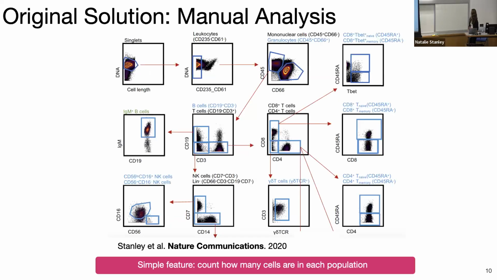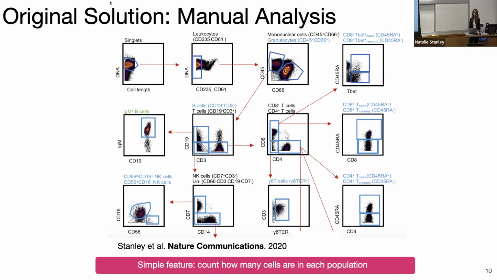Okay, so the original solution to this problem is manual gating, right? Where you would run your single cell experiment, typically something like flow cytometry, and then you would take all of your cells and sequentially project them in 2 dimensions based on characteristic combinations of markers.